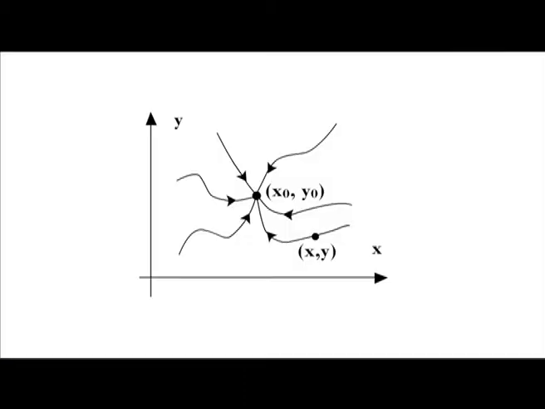So, if we take a point (x0, y0) in the domain of f, we note that there are infinitely many different curves along which one can approach the point (x0, y0). We first discuss the limit of f(x, y) as (x, y) approaches a point (x0, y0) along a given curve C.